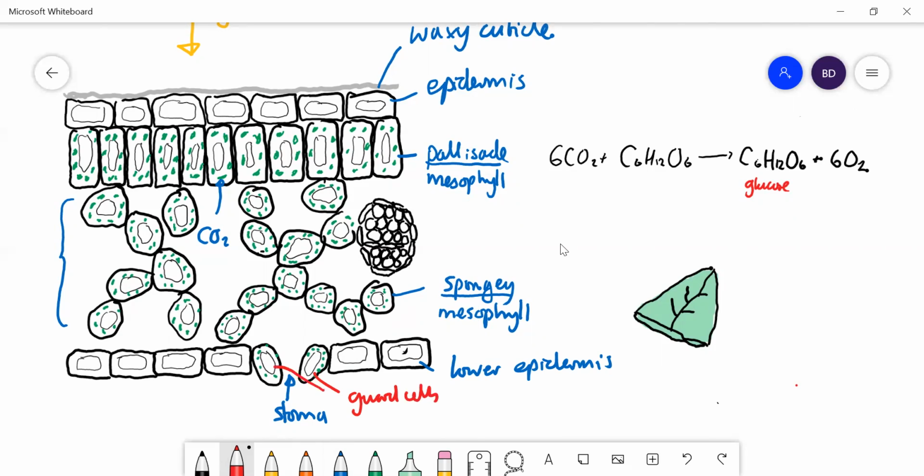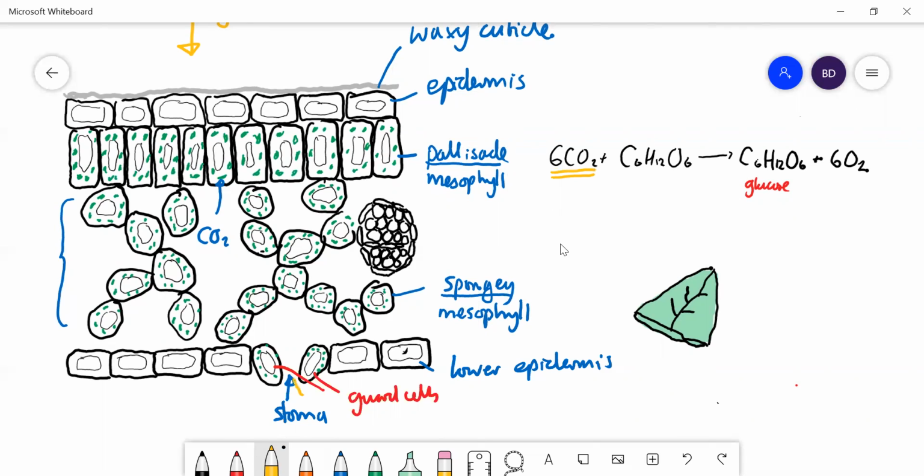There's two of them, that one and that one there. So the stoma is a hole, and that's really important because if you look at the equation, we've got to allow carbon dioxide to diffuse into the cell from outside. So if there's no holes, the carbon dioxide inside the leaf would very rapidly get used up by photosynthesis, and then the process would stop.